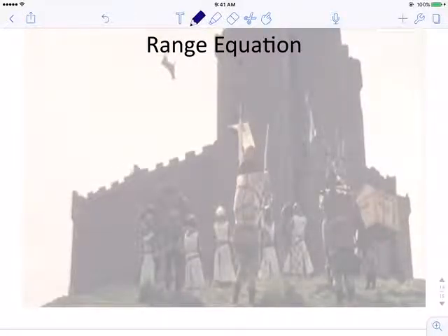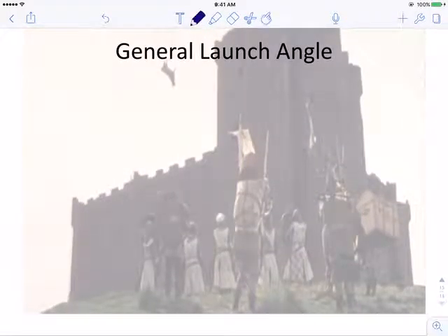So what might they tell you here? Well, you've got your castle, and let's get a side view of it going on. So here's our castle.